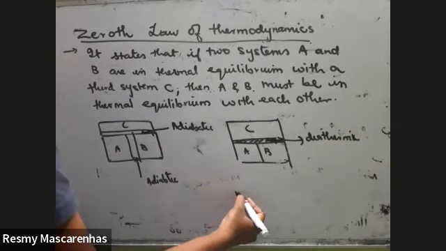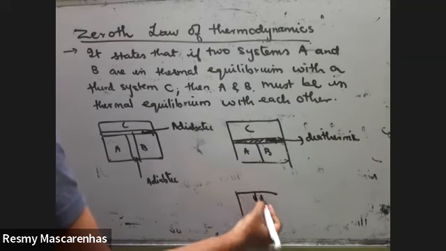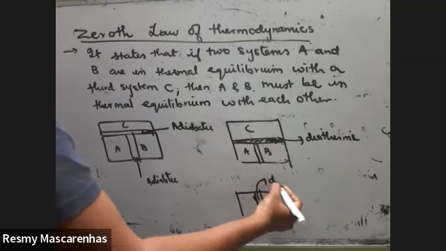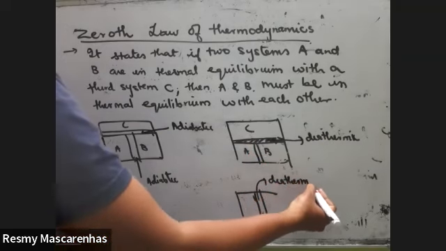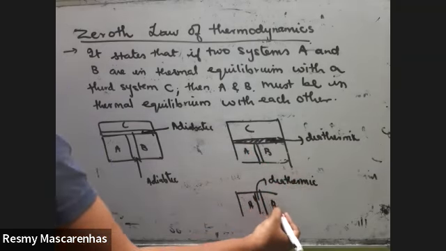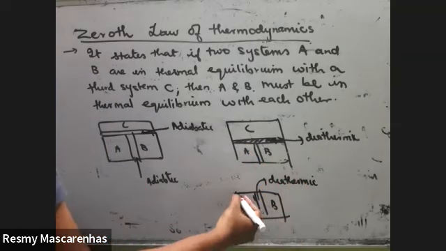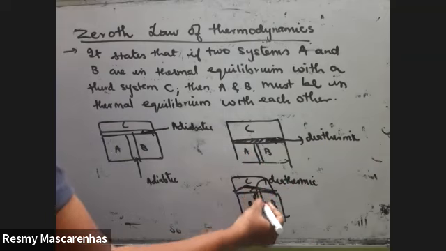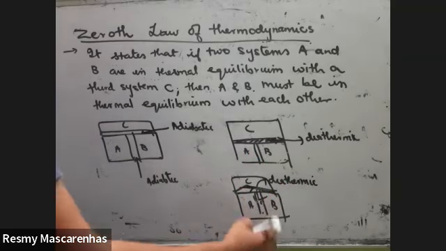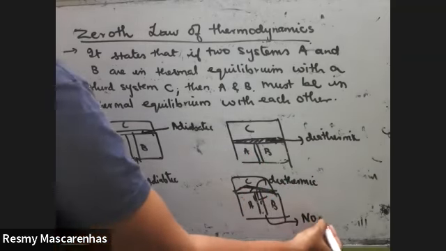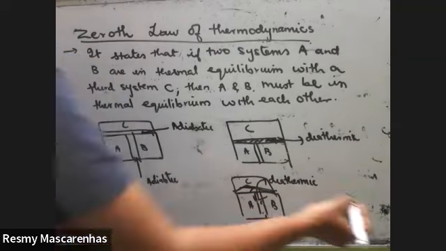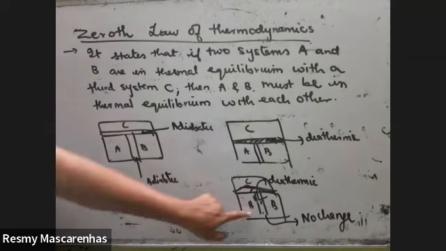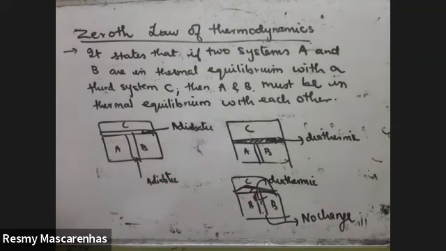And then they make this fellow diathermic. Even if this is there, doesn't matter. Everything they make diathermic. But then they notice no change. And that's why they will conclude that A and B are also in thermal equilibrium.